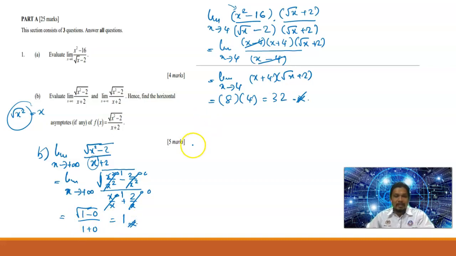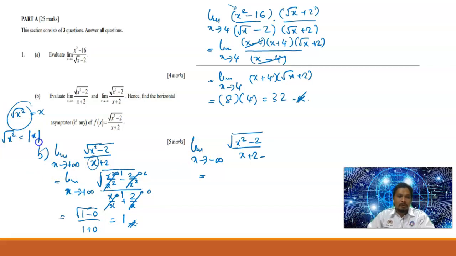Okay, then next, the limit as x approaches negative infinity of the square root of x squared minus 2, divided by x plus 2. Again, the square root of x squared equals the modulus of x, where the modulus of x we divide into two parts: x for x greater than or equal to 0, or negative x for x less than 0.